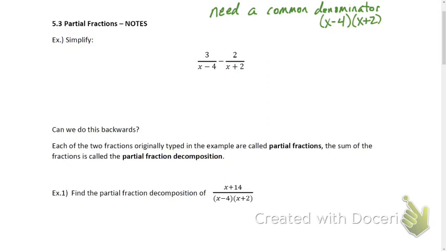So to get that common denominator, I need to multiply the right fraction by x minus 4, x minus 4, and the left fraction by x plus 2, x plus 2.